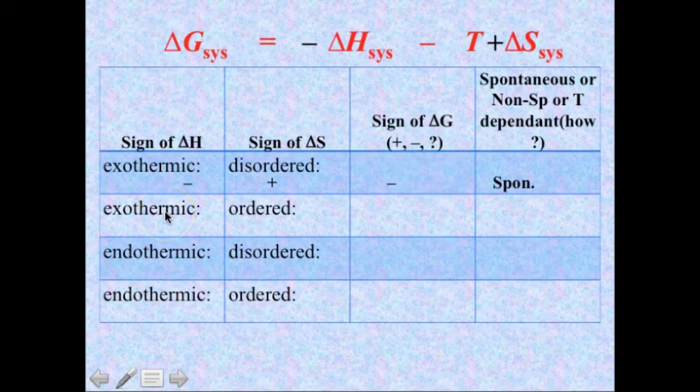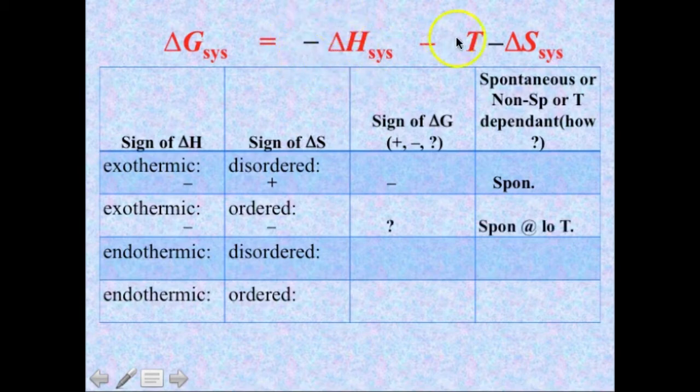Now, what about a system where you have an exothermic event, but the system becomes more organized or more ordered? In that scenario, the enthalpy is negative, but the sign of the entropy change is also negative. A negative times a negative is a positive, so this whole term becomes positive, working against a spontaneous change, whereas the enthalpy term is negative.